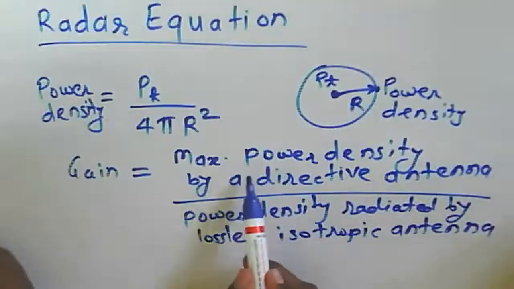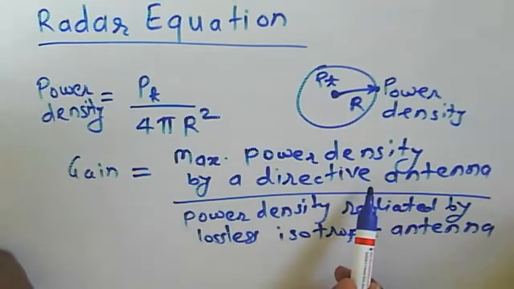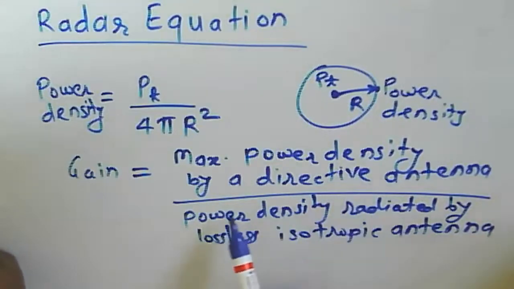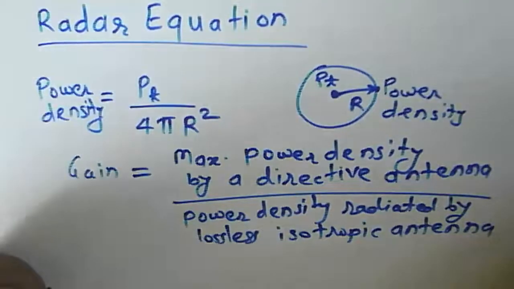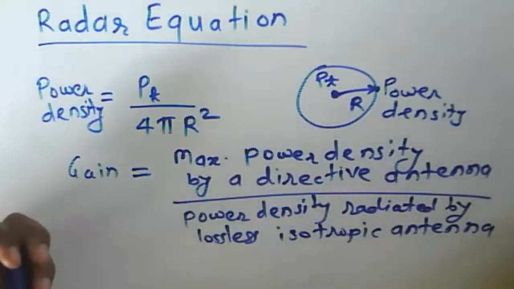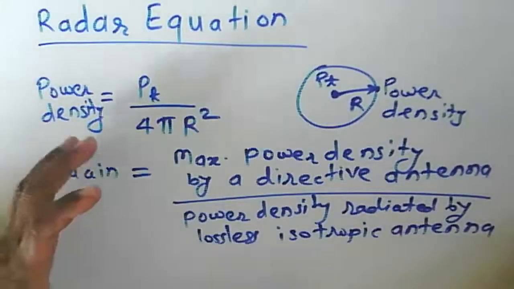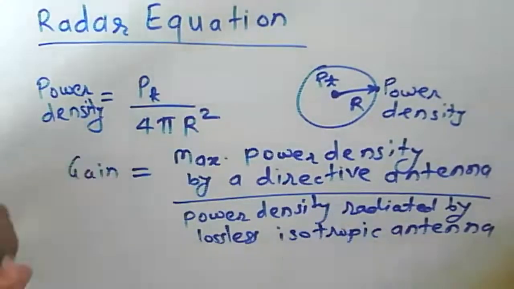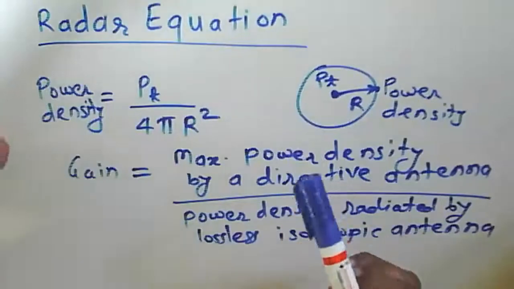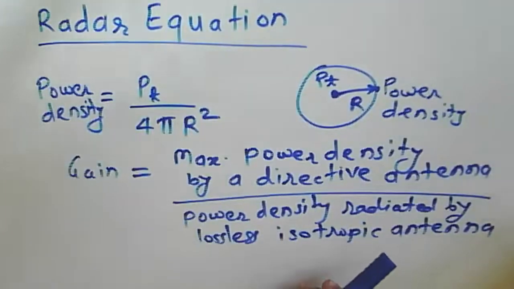So for the power density from the directive antenna and the power density radiated by the lossless isotropic antenna, the condition is simple. The input power given to both antennas must be the same. Whatever input power we use, the transmitted power for both antennas is the same.